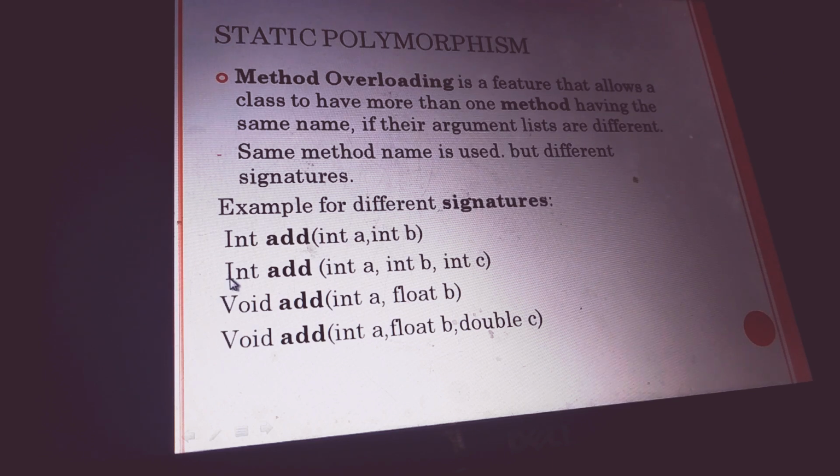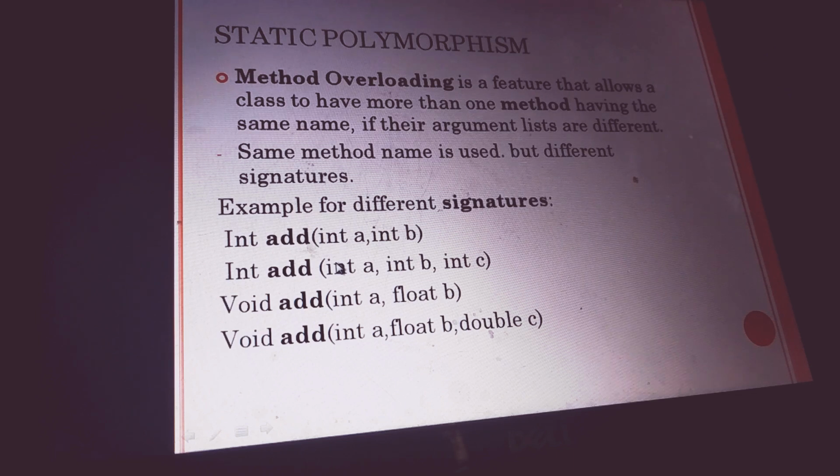When taking the first code, the name of the method is add and there are two parameters passed in it. When taking the second code, the name of the method is the same, but the number of parameters is different.